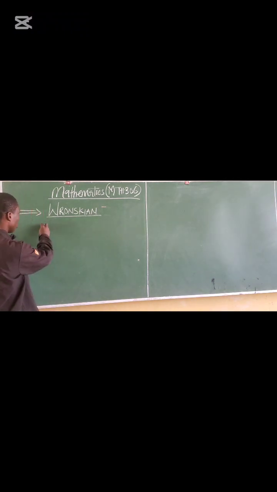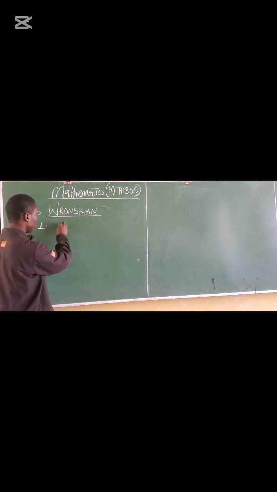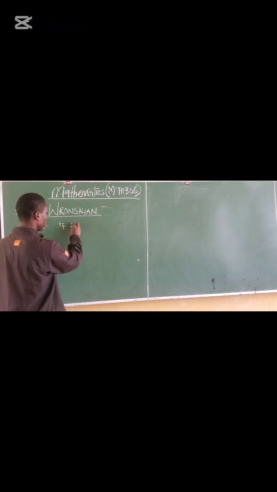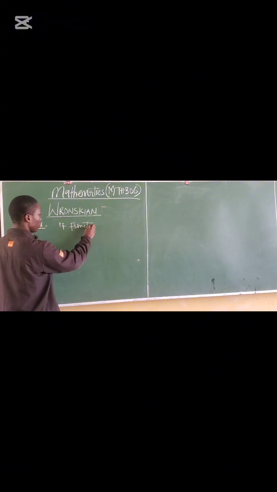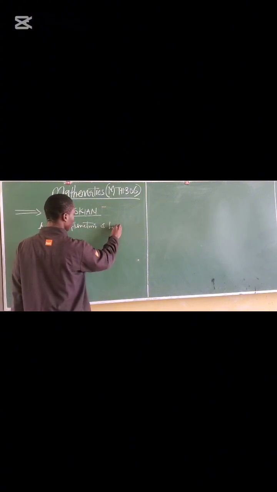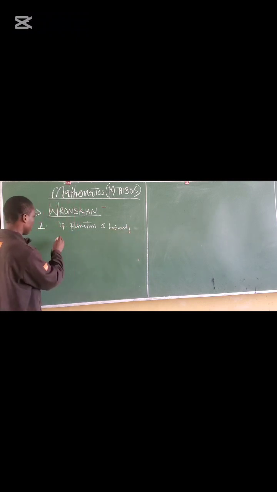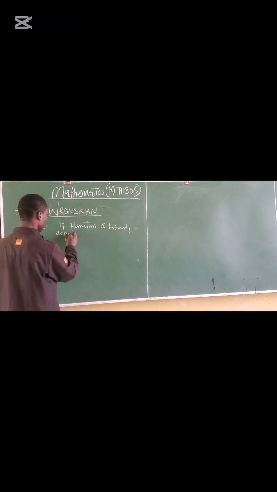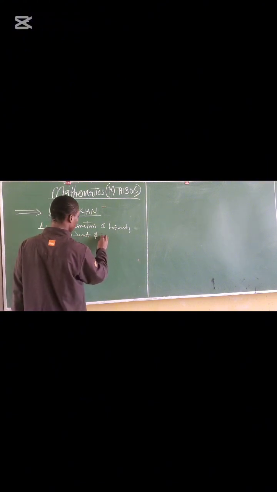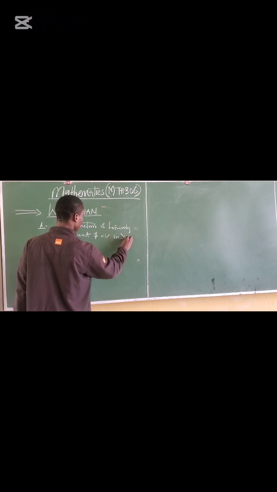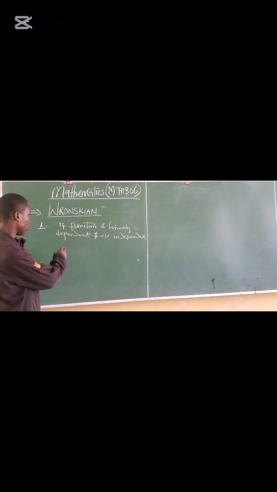So we use the WRONSKIAN to determine if a function is linearly dependent or linearly independent. That's one of the major uses of the WRONSKIAN.